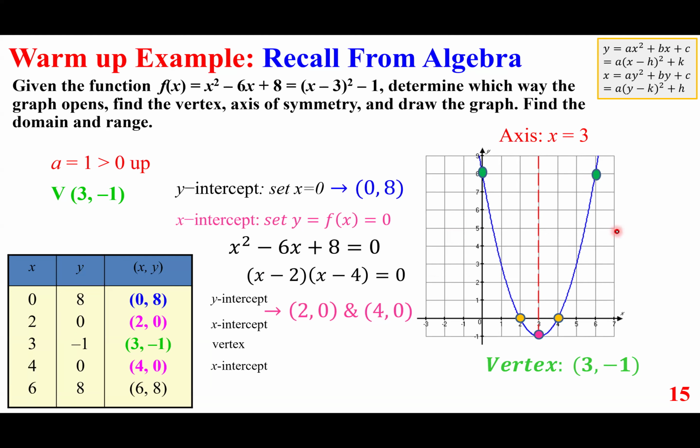Whenever it opens up or down, the domain is all real numbers. As far as the range, the limitation comes from the vertex. Because it opens up, it's from the y coordinate to infinity; if it opens down, from negative infinity to the y coordinate. In this case, from negative 1 to infinity.